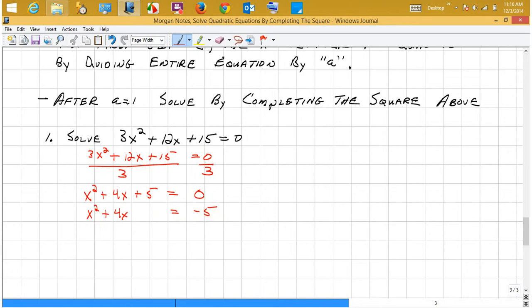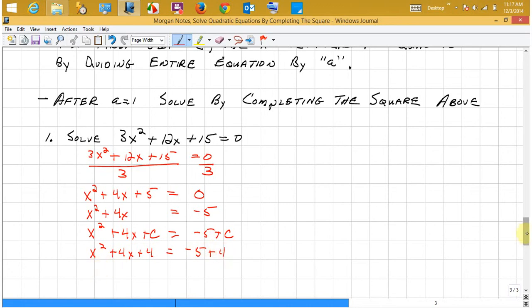So I need to find some value, let's call it c, that makes the left-hand side a perfect square. And so that would be half of 4, which would be 2 squared. So that would be 4. And I have to add 4 to the other side.